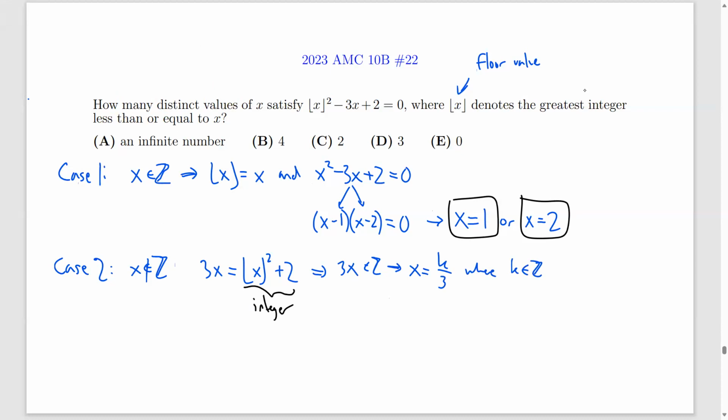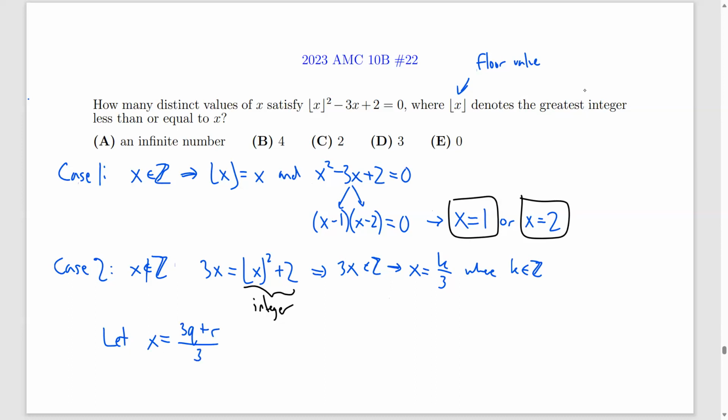So given this, we're going to assume that x is in the form 3q plus r over 3. The motivation for using 3q plus r in the numerator is because we're going to be multiplying x by 3.